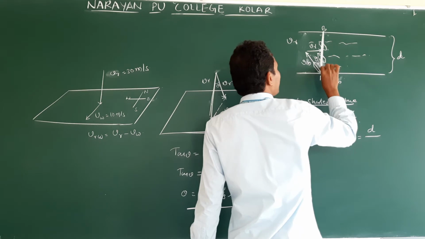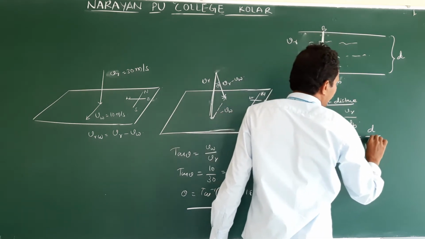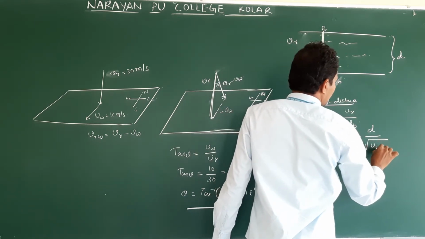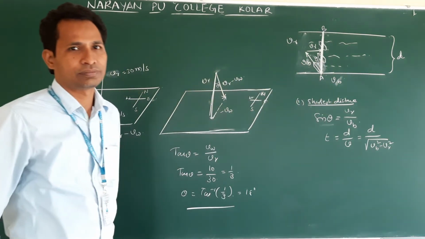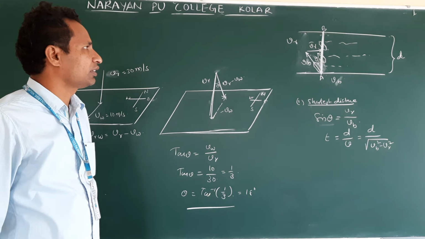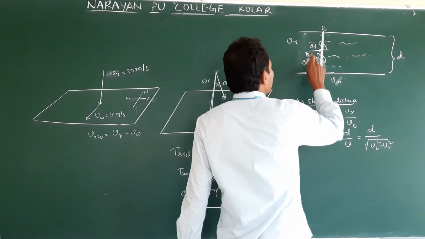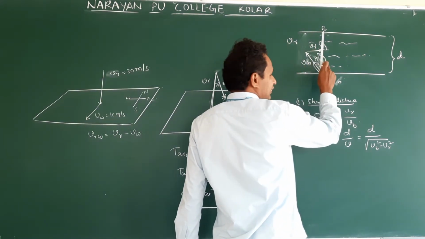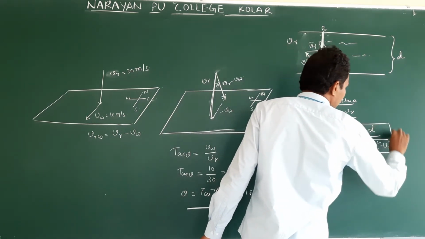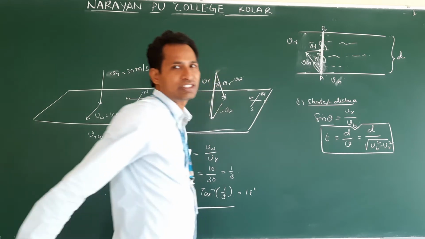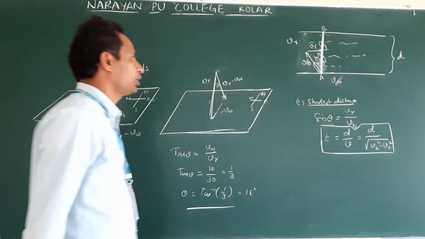So we need to find the velocity along this, that is under root of VB square minus VR square. This is the hypotenuse, this is the opposite side, and this is the adjacent side. So this is the time taken in the shortest distance. These two points you remember.